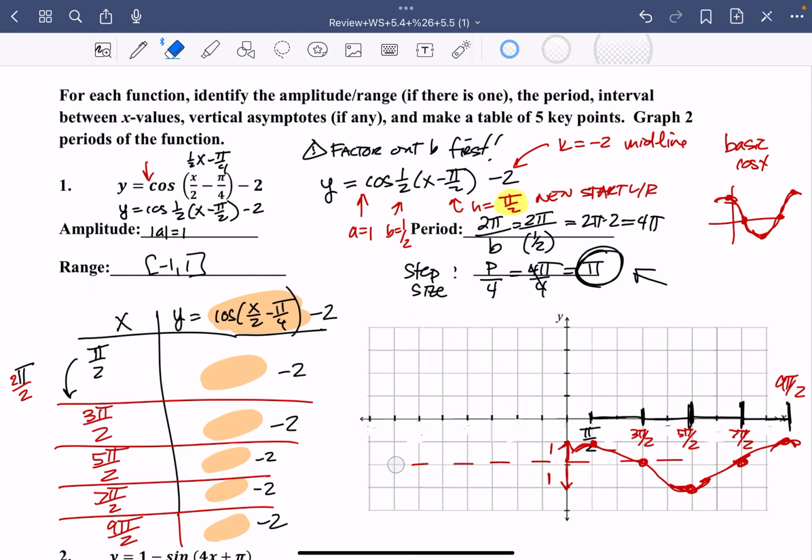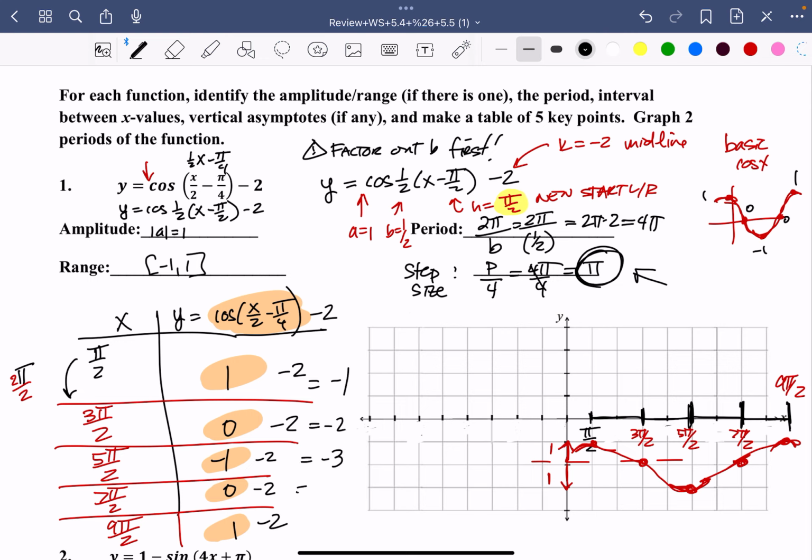So when I do that, I think you're going to see my old cosine values were 1, 0, negative 1, 0, and 1, 1, 0, negative 1, 0, and 1. So that would get me my new values of negative 1, negative 2, negative 3, negative 2, and negative 1.